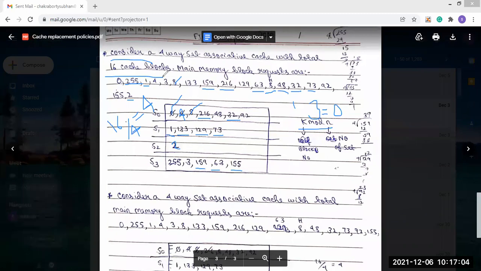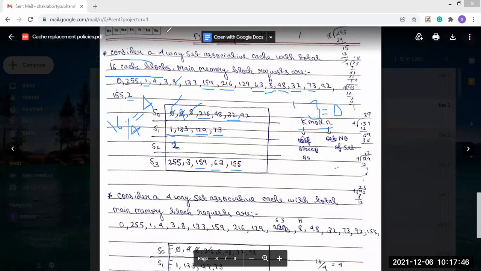Sometimes it can be given that the cache is capable of storing 16 words, or sometimes 16 bytes. It depends, but you will see first which type of mapping is given, then what the cache storing capacity is, then memory blocks should be replaced like that. So you will divide the problem like this. First see like this and then do the problem, then it will be clear to you.